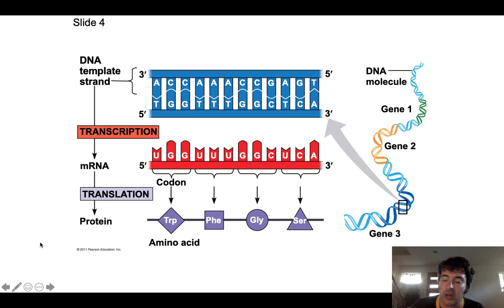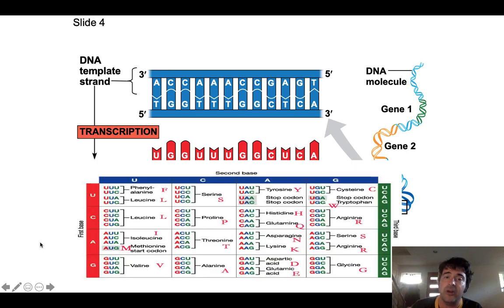Now, one of the things I'm going to give you on the exam, because I'm definitely going to expect you to be able to write out the process of transcription and translation. So I'm going to ask you, using the template strand of DNA above, what is the product of transcription?